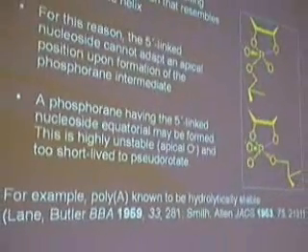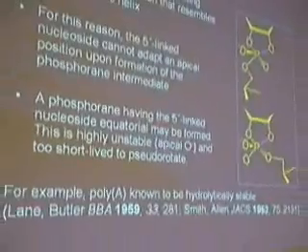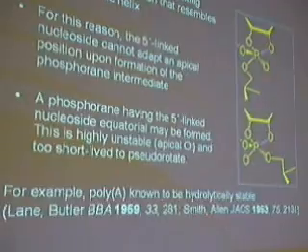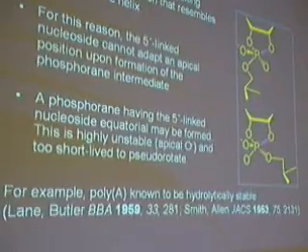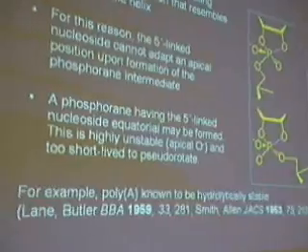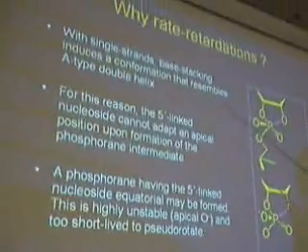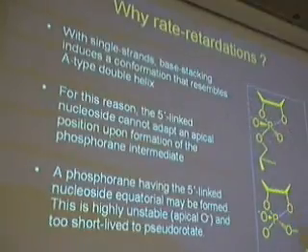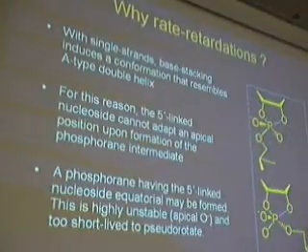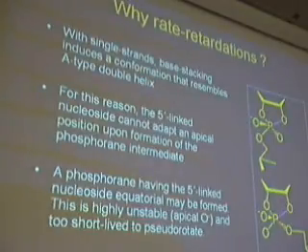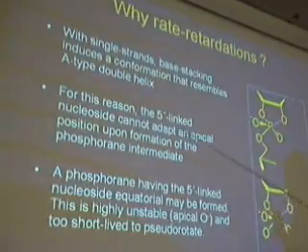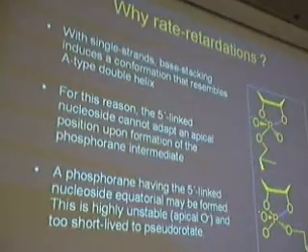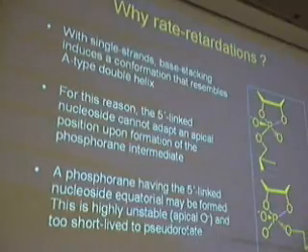So why then also in single-stranded RNA we may see rate retardations, that some phosphodiester bond is not cleaved as rapidly as in polyuridylic acid. So also, as I mentioned, in single strands there may be a base stacking, which forces the geometry unfavorable to the cleavage. The 5' linked nucleotide cannot adopt this kind of apical position here, needed for chain cleavage.